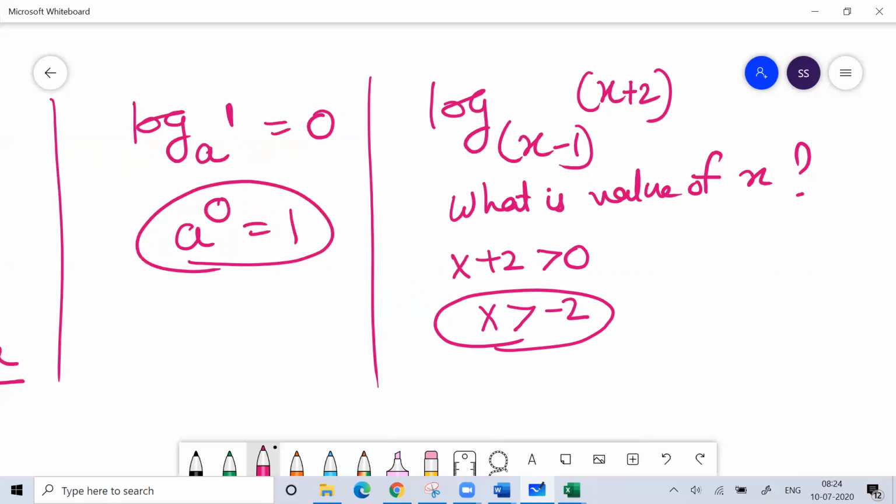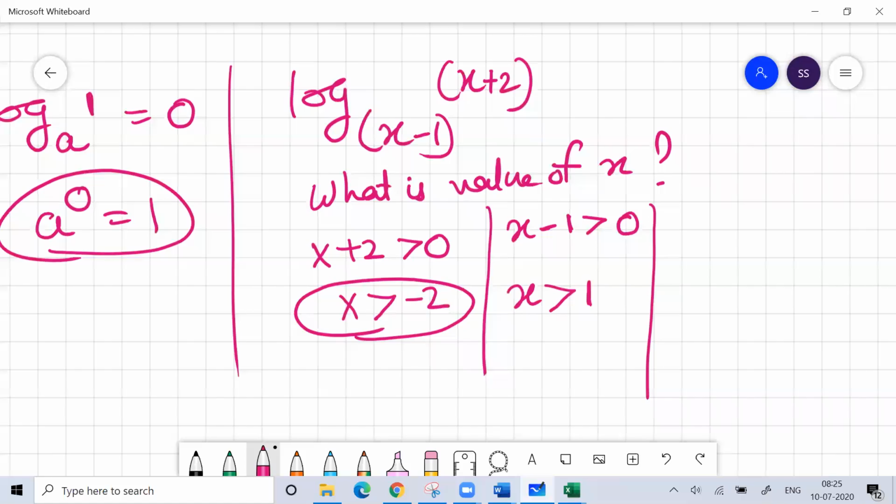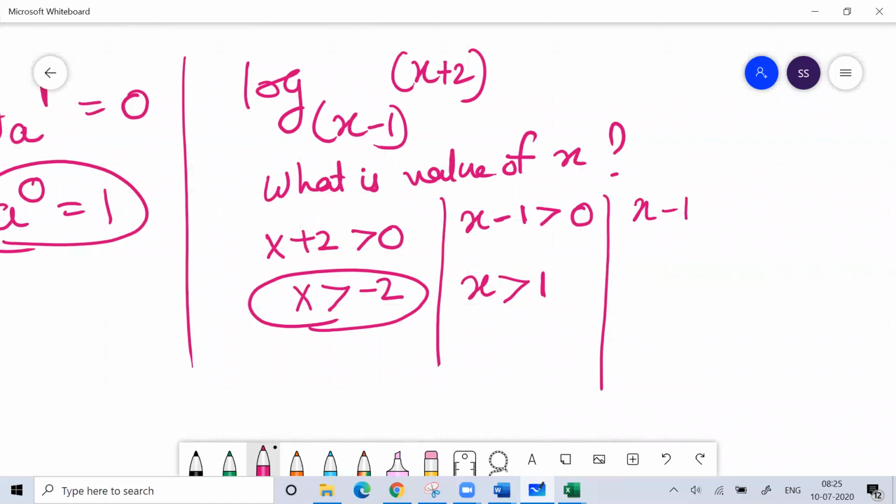Then the next thing we know is that our base should also be a positive number. So it means your x should be greater than 1. And what else do I know? I know that your base should never be equal to 1. So your x should not be equal to 2.